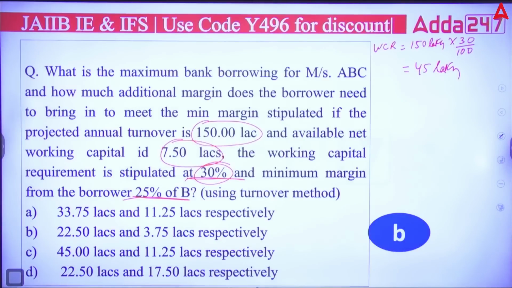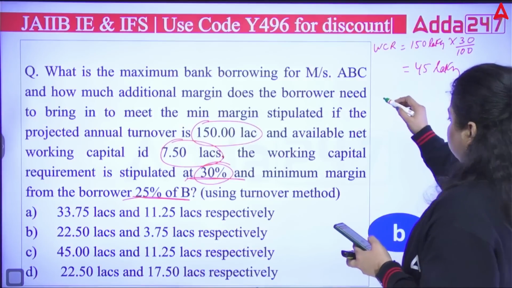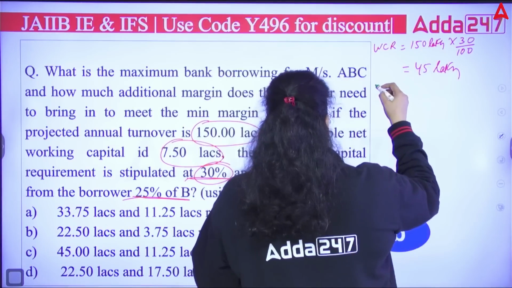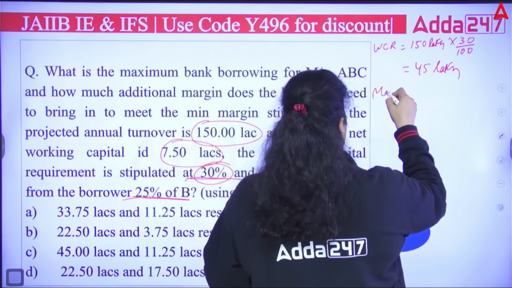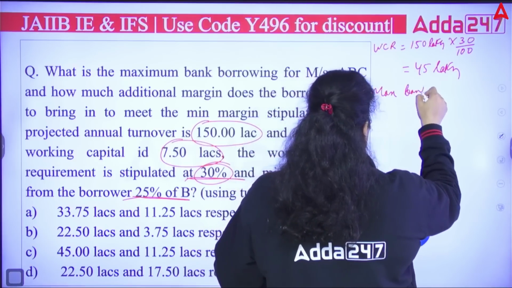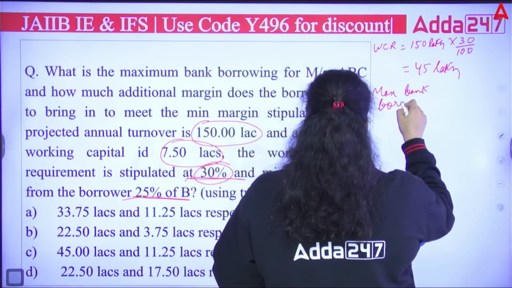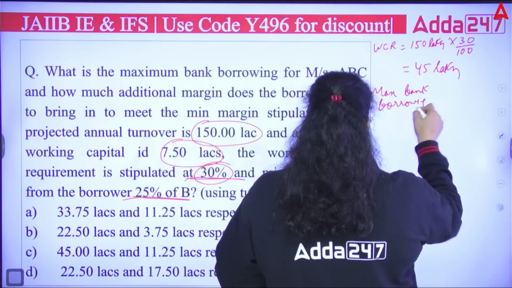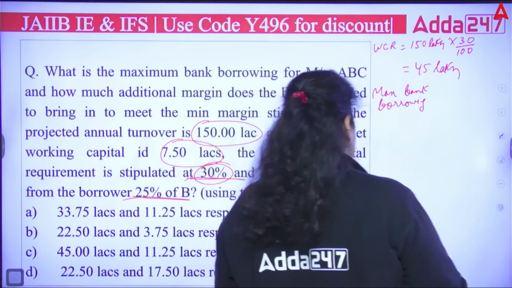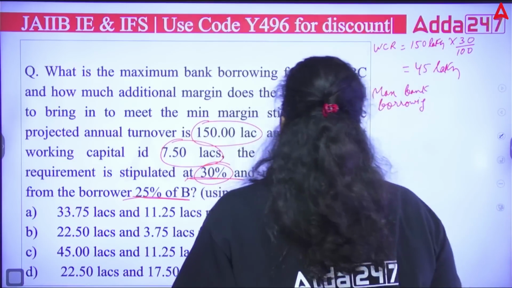So the maximum bank borrowing, if we calculate, will be 45 lakhs at 75%.